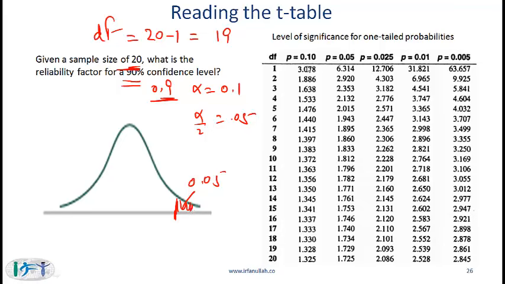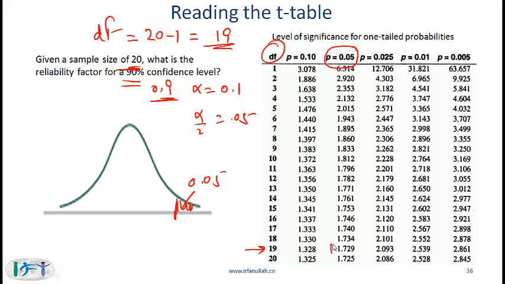If you look at the back of the curriculum where you are given the t distribution, you will be shown this information: level of significance for one-tailed probabilities. So if the one-tailed probability is 0.05, you read that off the top row, and then you also need the degrees of freedom, which equal 19 for our case. So degrees of freedom 19, probability 0.05.